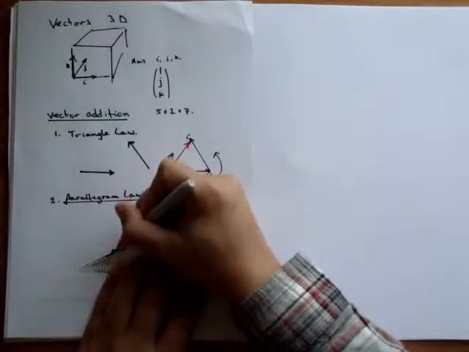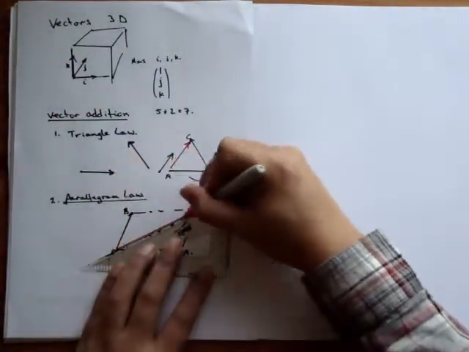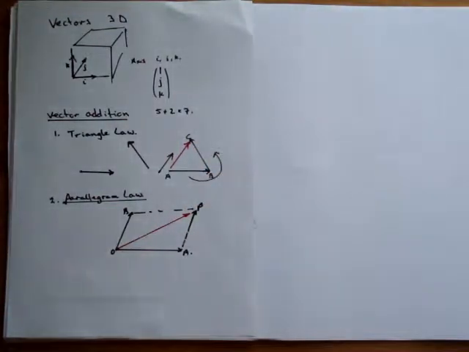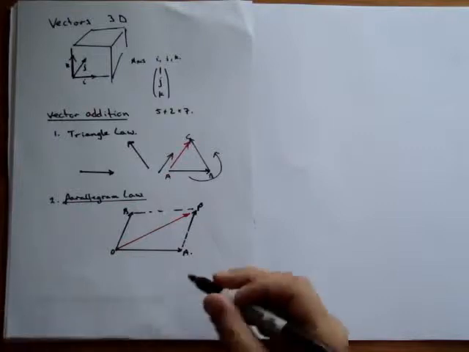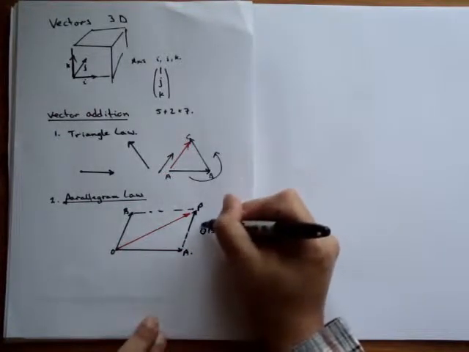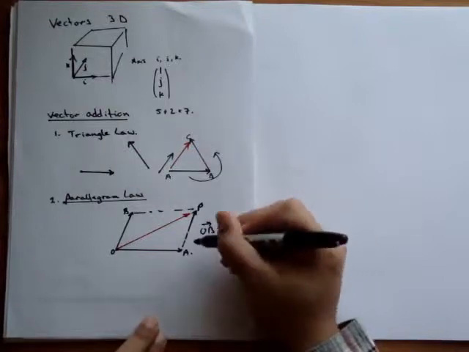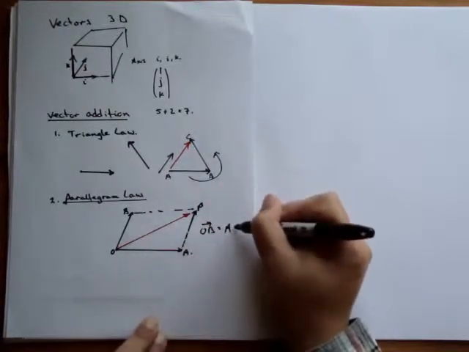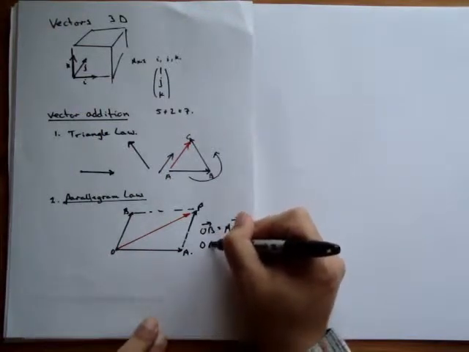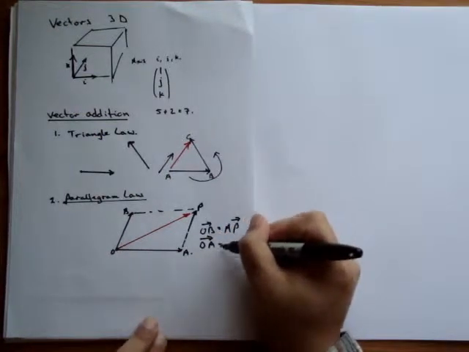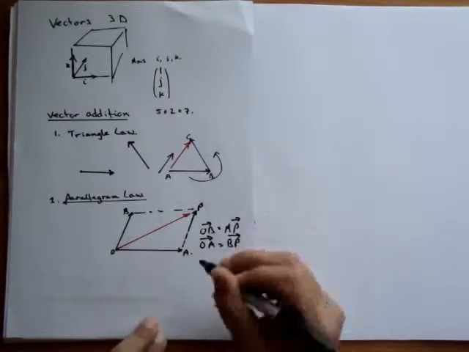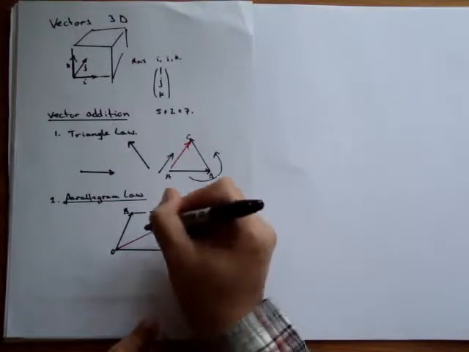So we're going to draw our resultant vector here. So what we have to notice here is that OB is equal to AP, and our OA vector equals BP, and then our resultant vector R.